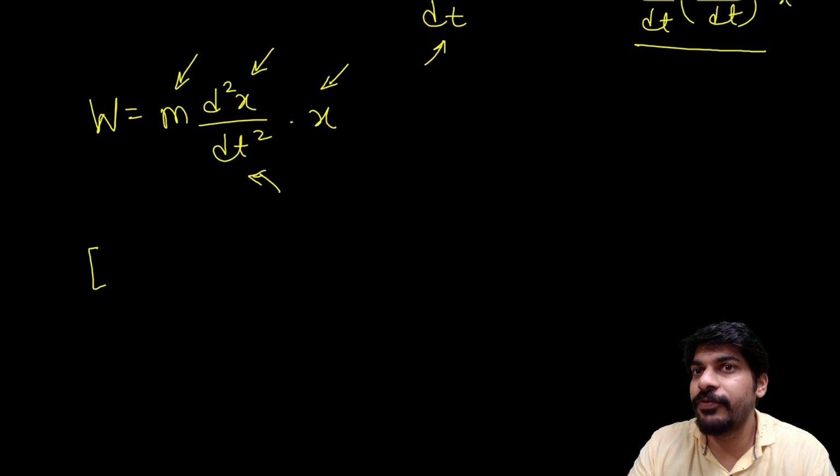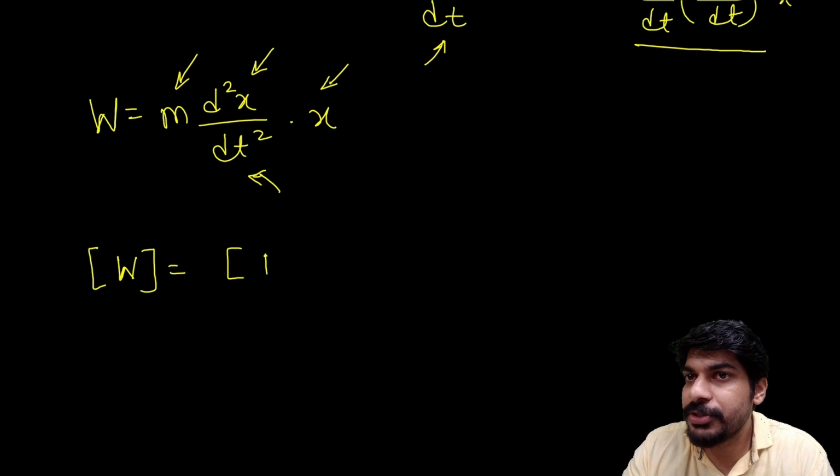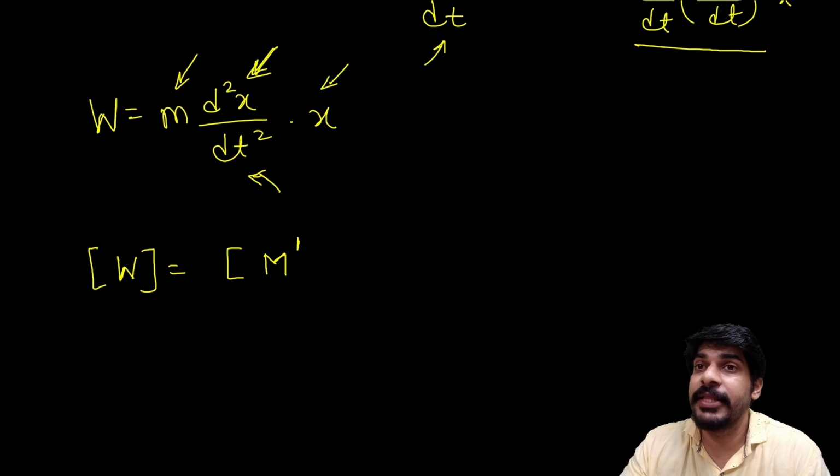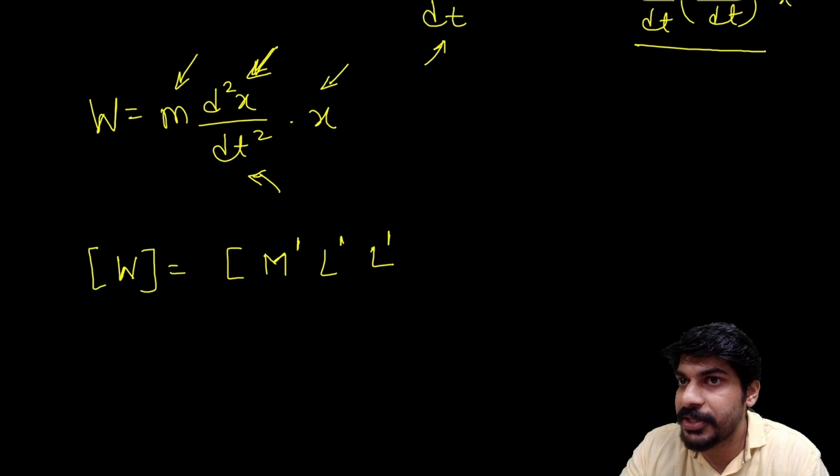So therefore we can write here the dimensions of W are nothing but the dimensions of M. What is the dimension of M? Nothing but M1. Then here you can see X. So dimension of length is L1. Again we have one more X, so it is L1 again.